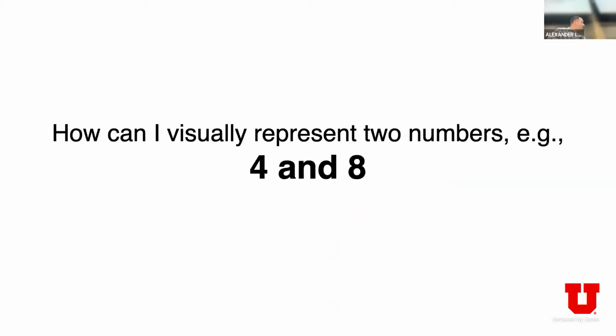Great. And now I would like you all to think about how can I represent these two numbers, 4 and 8, and you can just shout it out and I'll draw. Roman numerals, right? This is symbolic encoding. Other ideas?